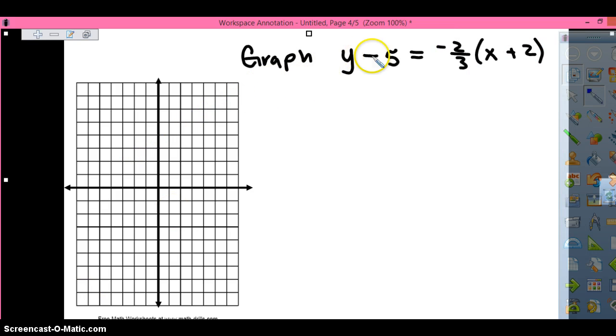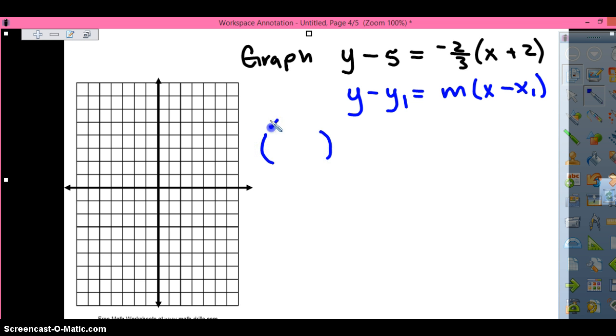If we have to graph y minus 5 equals negative 2/3 times x plus 2, this equation is in point-slope form. Okay, I'm going to write my formula: y minus y sub 1 equals m times x minus x sub 1. We're going to come up with our ordered pair first. This is going to be our x sub 1 and our y sub 1. My y sub 1 is 5.